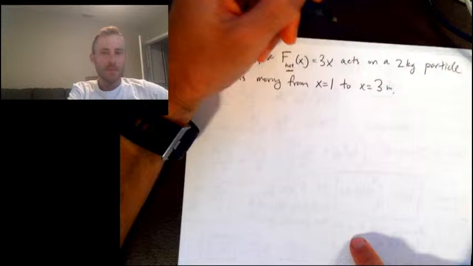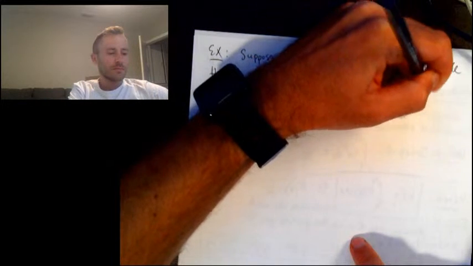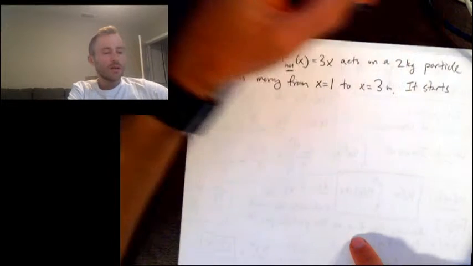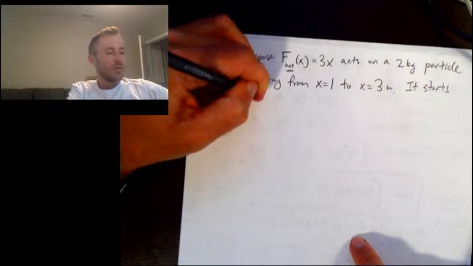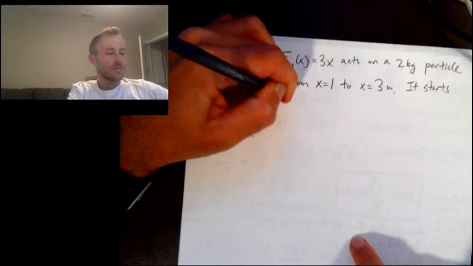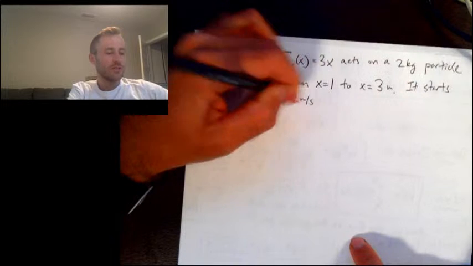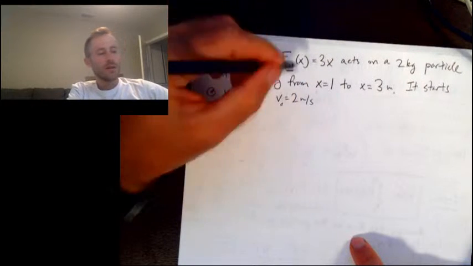Okay? It starts at x equals 1 with velocity 2 meters per second. So that's the initial velocity of the particle.